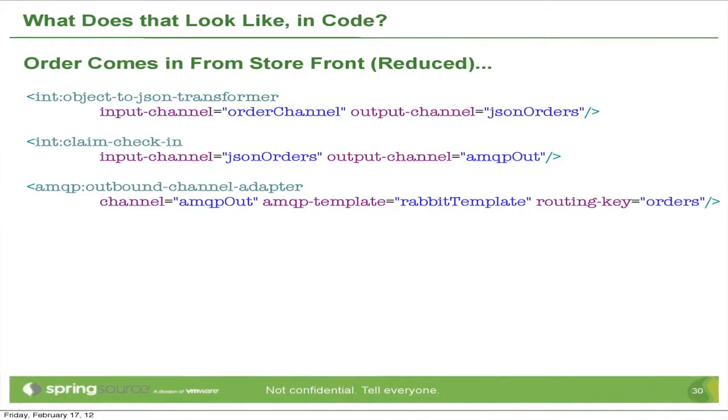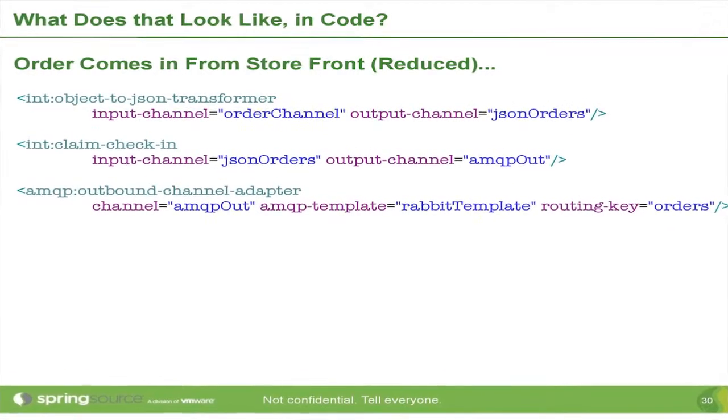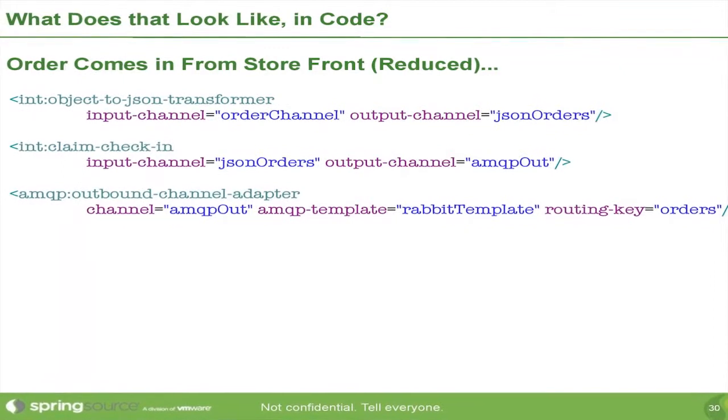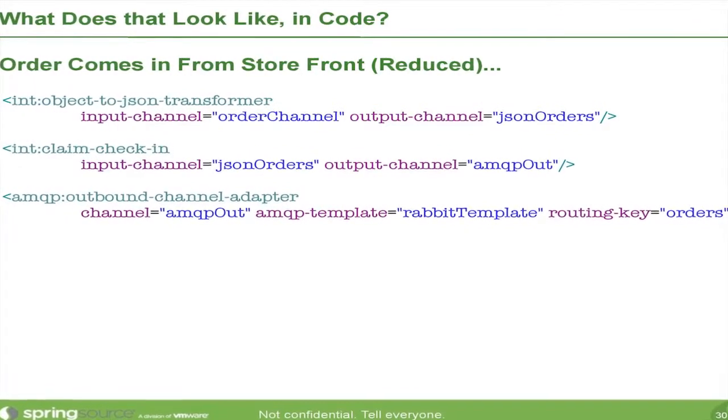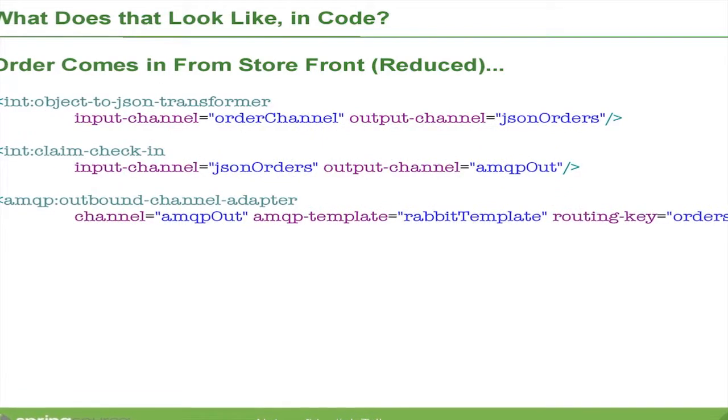Then the claim check will take all those objects that come in from the JSON orders. It'll store them in a database or some sort of storage, and then give an ID. So you have only an ID. You don't have the object anymore, right? It's a claim check. It's like when you leave your luggage at the hotel, and they give you a receipt for your luggage. That's called claim check. And then from there, the message goes to the output channel, which is AMQP out.